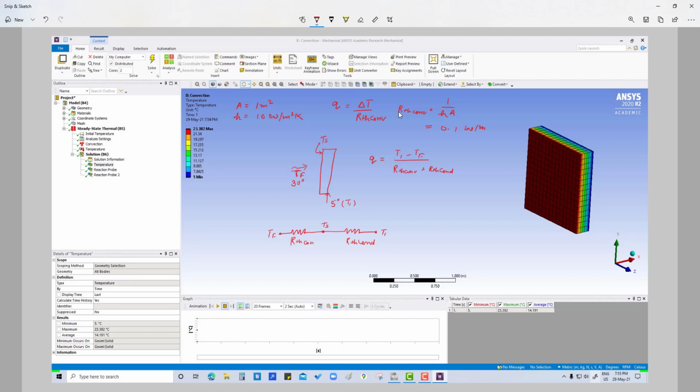So from here we can get whatever heat is transferring from here to there in watt, and that will also be equal to T1 minus TS upon R thermal conduction, and TS minus TF upon R thermal convection.